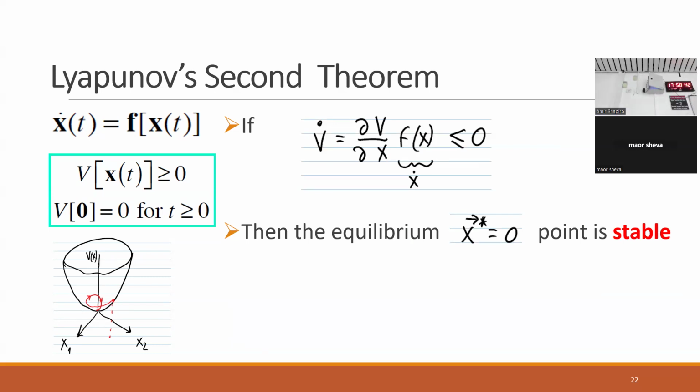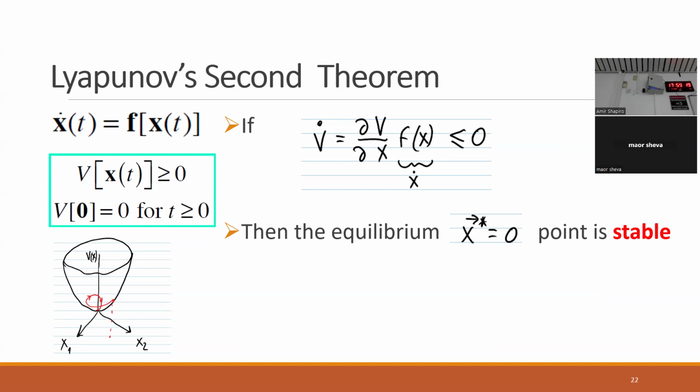So to conclude, if V dot, which is dV/dx times f of x, is smaller than 0, then the equilibrium x star is stable. Why stable? Because if it's 0, then it means that it does not decay, does not reduce, and stays in the same level set of V. So it does not diverge, but not necessarily converge.